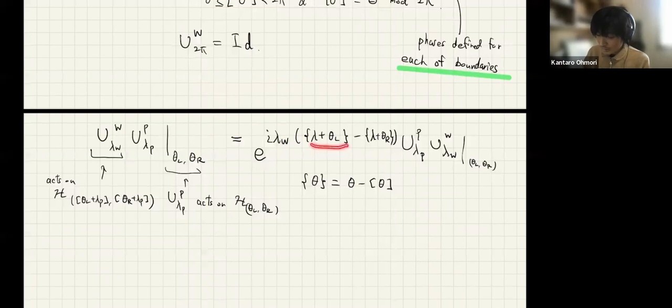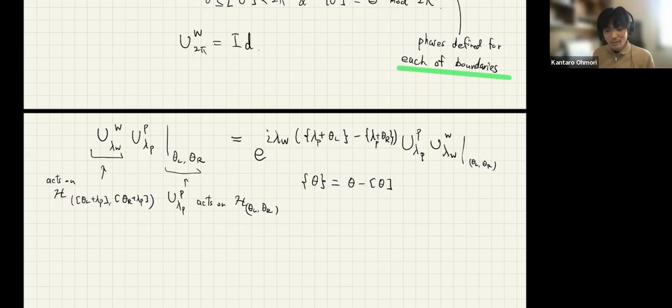Then this phase is non-trivial exactly when one of lambda P plus theta L or lambda P plus theta R exceeds 2 pi.